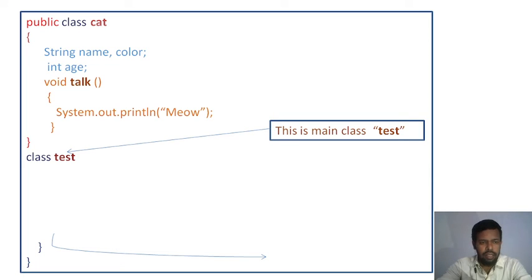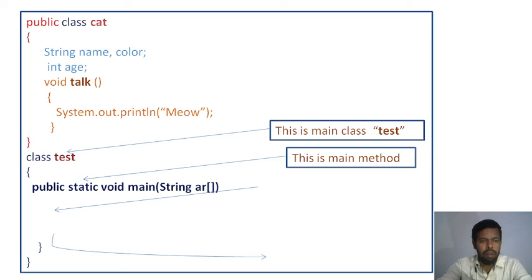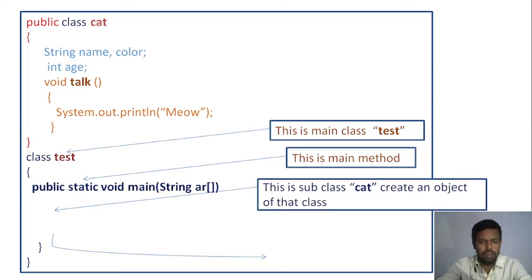Whenever we create a class, open curly braces, followed by the next line. The next important thing is public static void main. In every Java program we include this line, public static void main, because without the main function, a class cannot be accessed. The main class calls the other class with the help of an object. So we create an object.